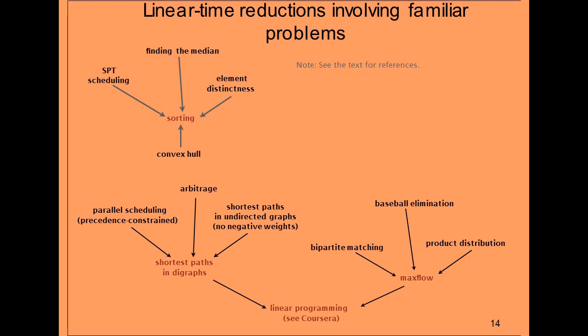Just now we have discussed that finding median or element distinctness are reducible to sorting, and if you observe keenly, the time complexity is linear, and it doesn't have any n square or n cube. So these are all linear time reduction algorithms.